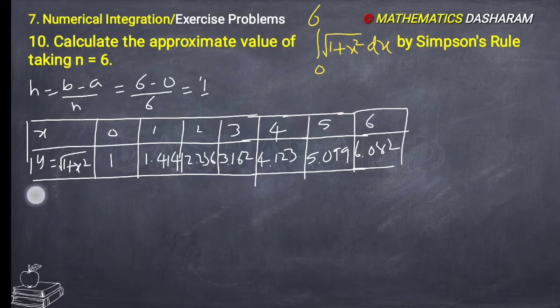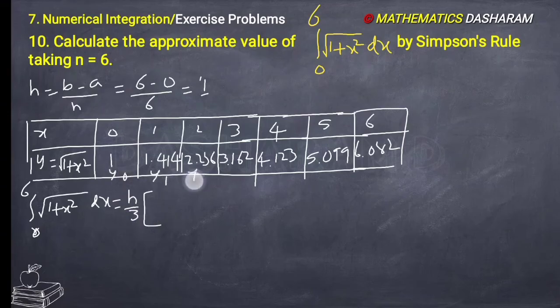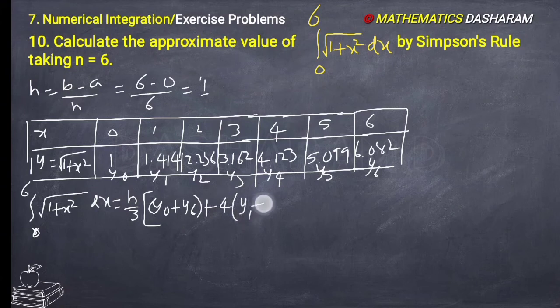So integration of 0 to 6 under root 1 plus x square dx equals h by 3 bracket of y0, y1, y2, y3, y4, y5, and here y6. So sum of the first and last ordinates plus 4 bracket of sum of the odd ordinates y1 plus y3 plus y5 plus 2 bracket of y2 plus y4.